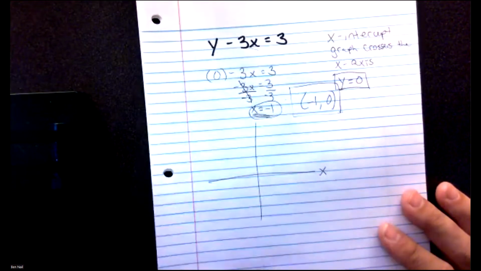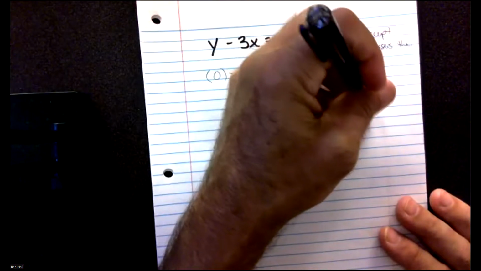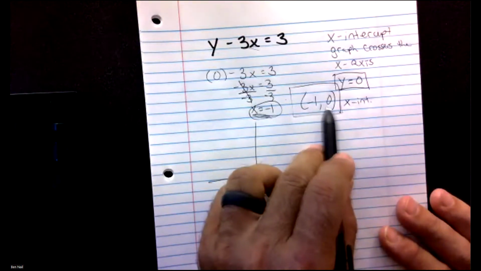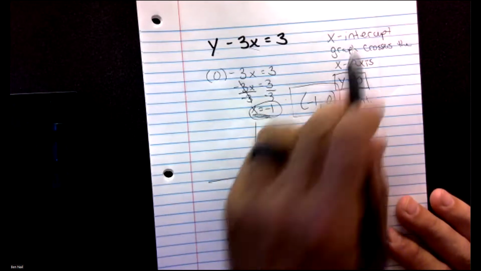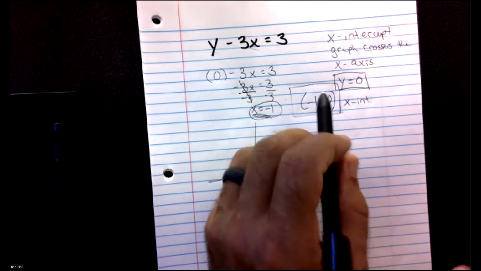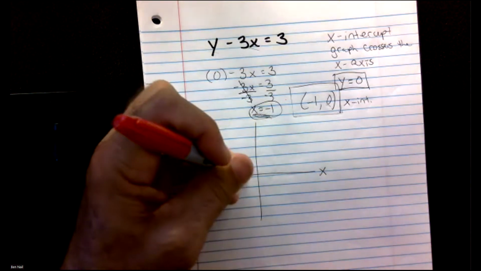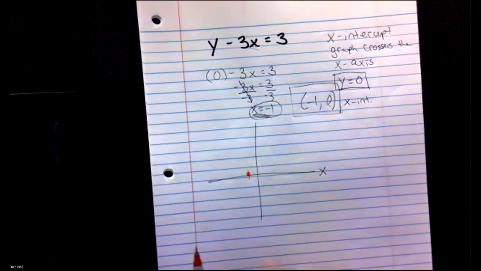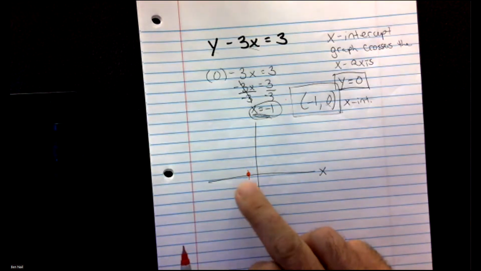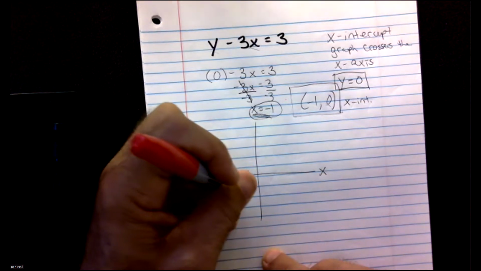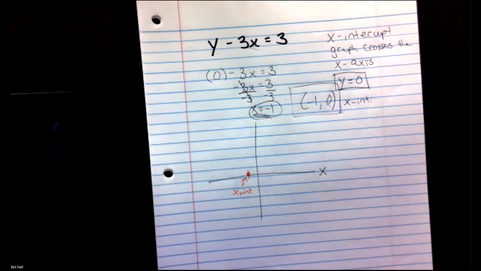So when you give your intercept, make sure you write it as a coordinate, okay? Parentheses, x value, 0, parentheses. Okay, all x-intercepts will have a y value of 0. But that, like I said, specific point is going to be back here. So with an x value of negative 1, y value of 0, this is my x-intercept.